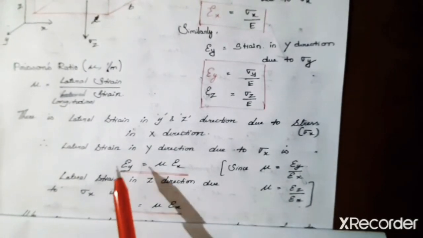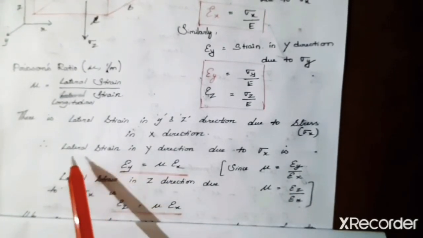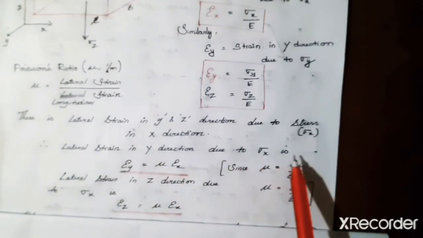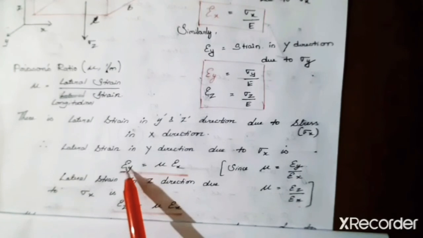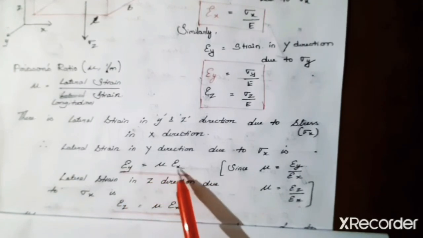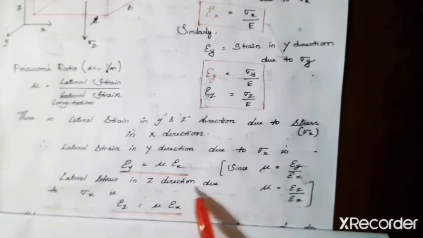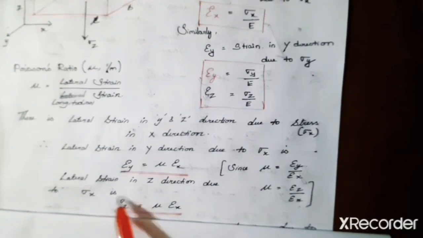So now just concentrate here. Lateral strain in y direction due to sigma x in x direction is epsilon y equals mu into epsilon x. Lateral strain in z direction due to sigma x in x direction is epsilon z equals mu into epsilon x.